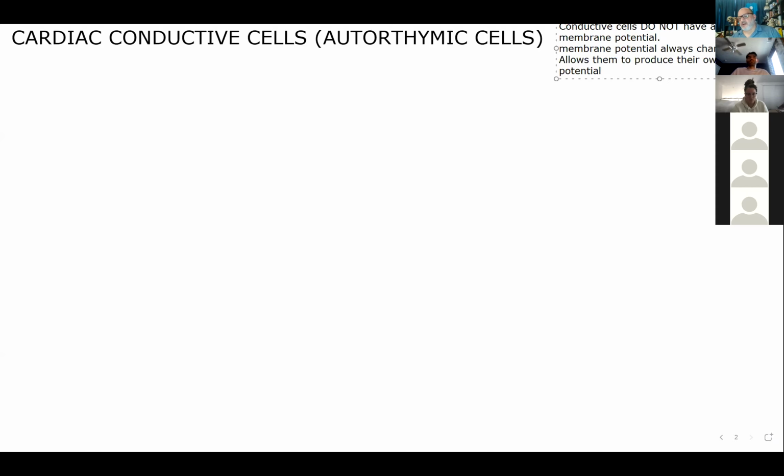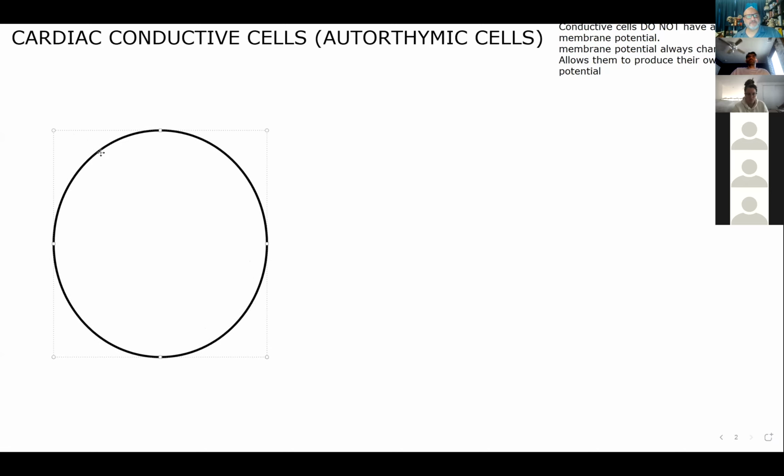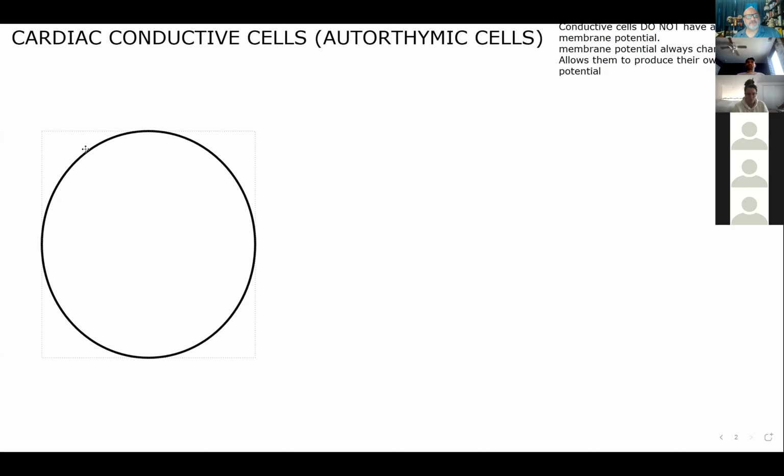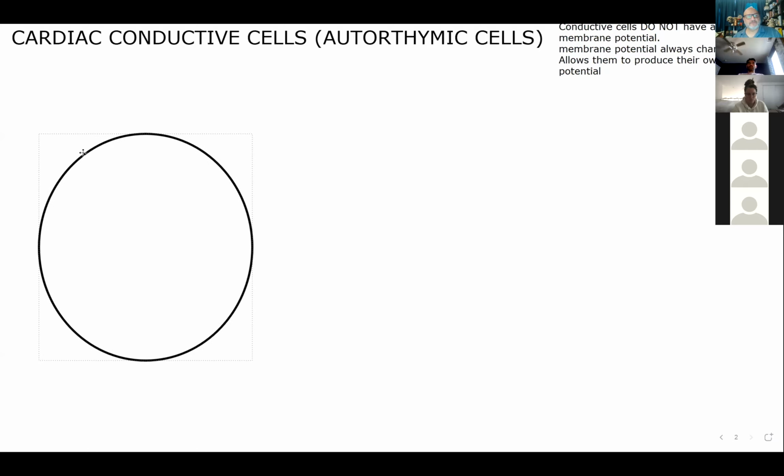So let's talk about how these cells work. Let's start first over here by drawing one of these cells. And then over here, we'll draw our graph again.